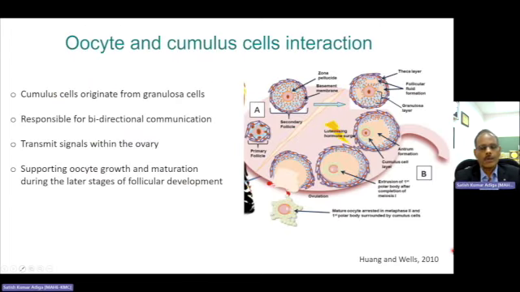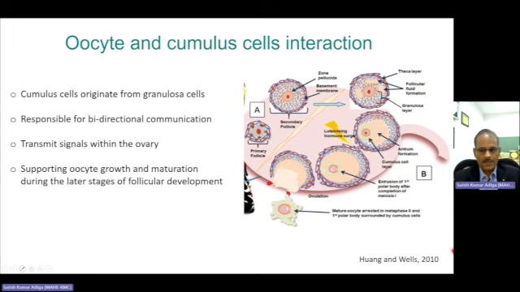In the IVF lab, oocytes are first seen with the cumulus mass. Together, it's called the COC, or cumulus oocyte complex. The cumulus cells are derived from the granulosa cells within the follicles, and they play a crucial role in maintaining the health of the oocytes.